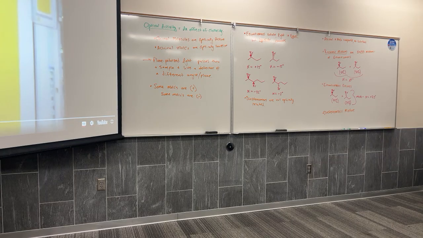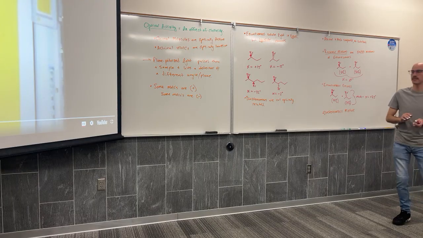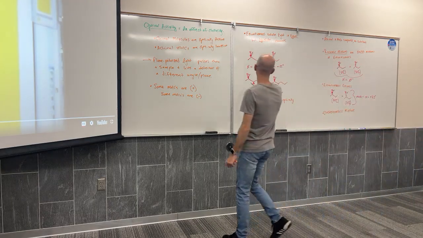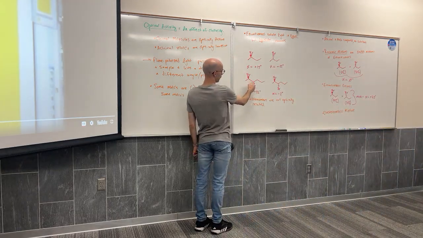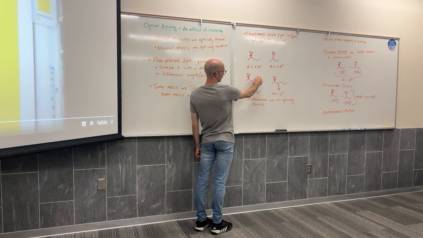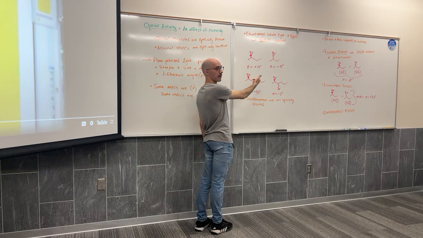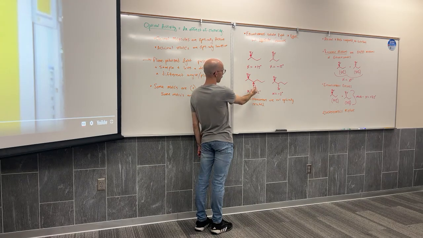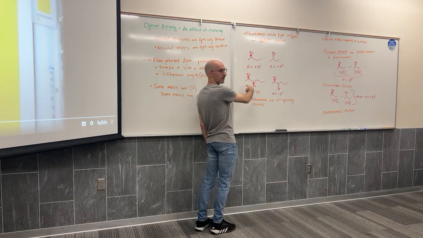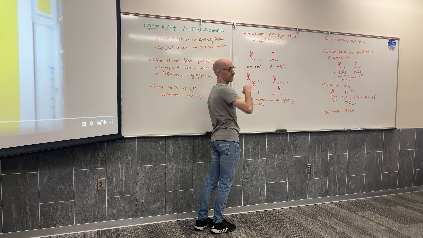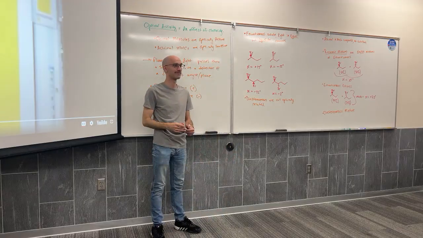For the diastereomers, you said the name was like 2R2S. 2R3S. Oh, okay. Yeah, so this carbon is R. Yes. Oh no, this carbon is also R. So 2R3S? 1, 2, 3. Yeah, 2R3R. Okay. 2R3S. So it's just like the locant of where the chiral center is.